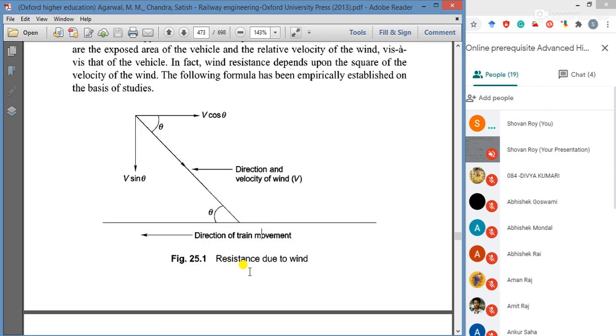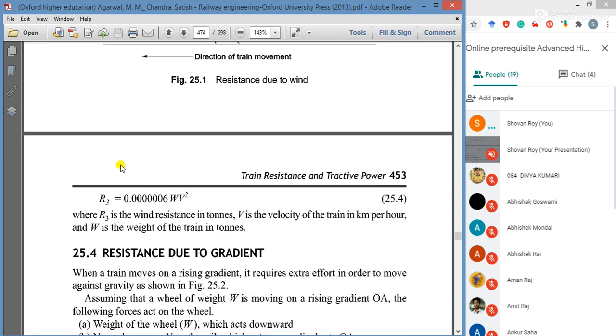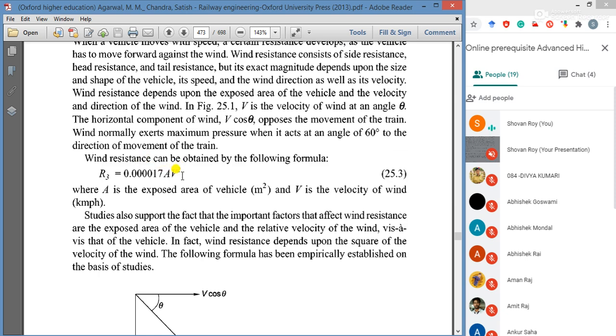Now the formula which is actually needed in our numerical problem, because this formula is difficult to adjust in our numerical problem, is used to calculate the resistance due to wind.